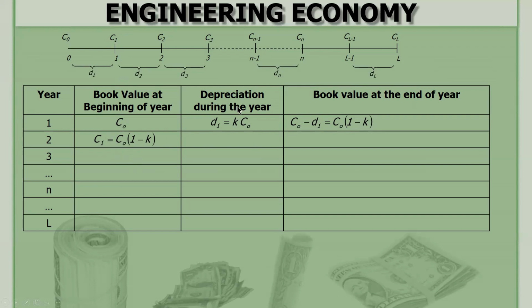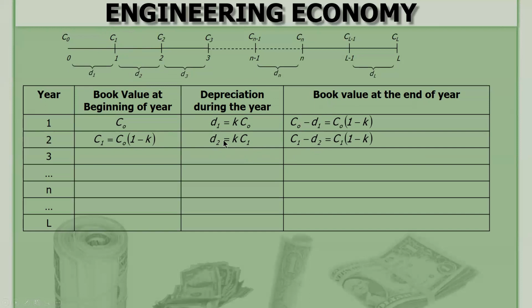And the depreciation during the second year is D2. D2 is K times C1, from the definition of rate of depreciation, the ratio of the depreciation in any year to the book value at the beginning of the year, C sub 1. So after 2 years, the book value at the end of the second year will be C1 minus D2.